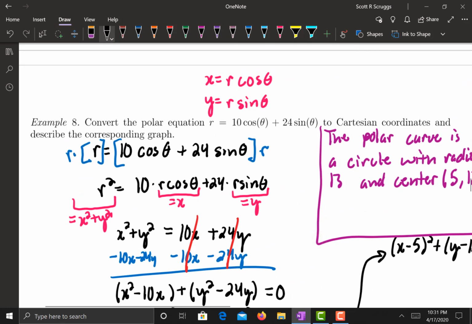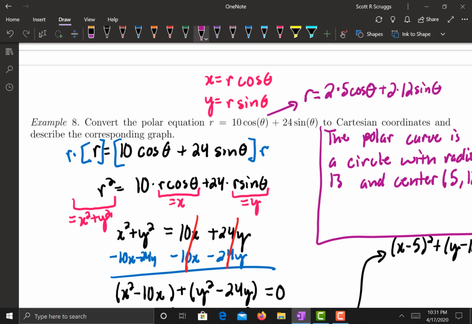And let's look back at example 8. Well, 5 and 12 popped in here because 10 is 2 times 5, and 24 is 2 times 12.